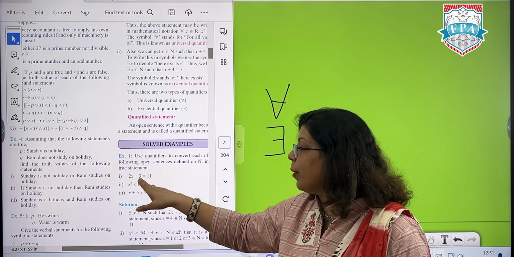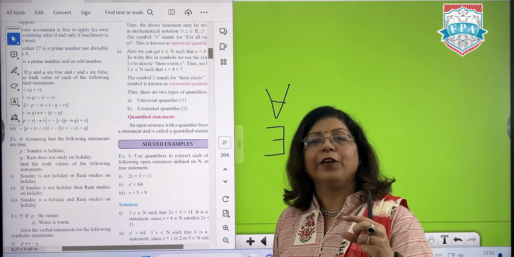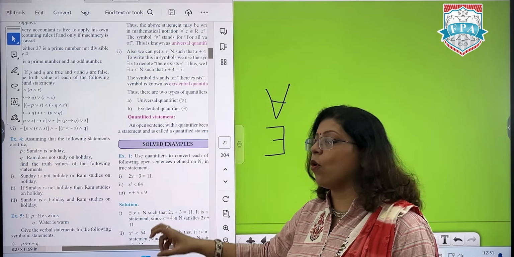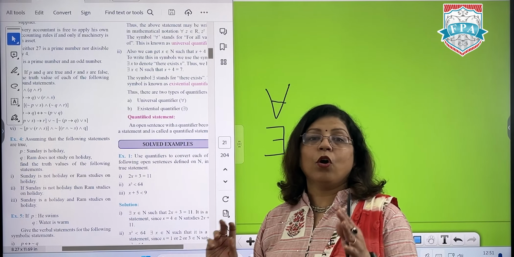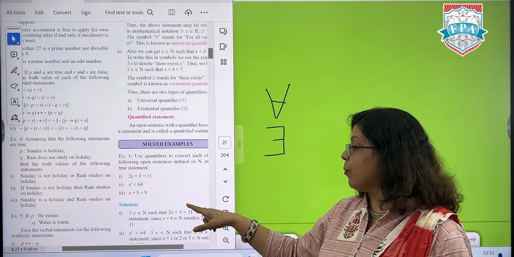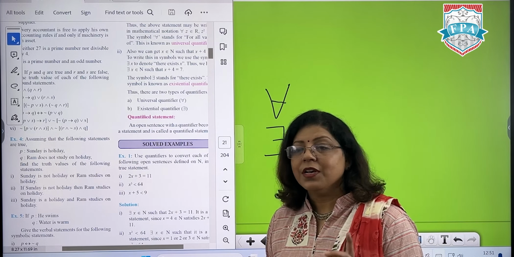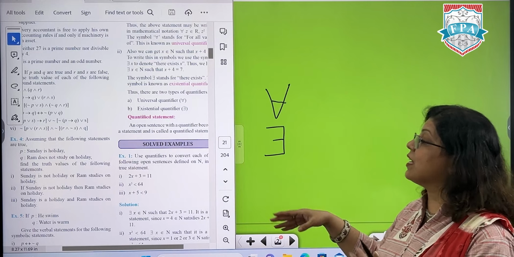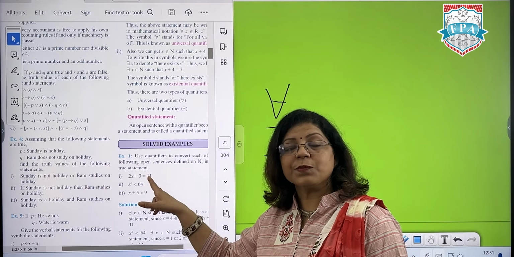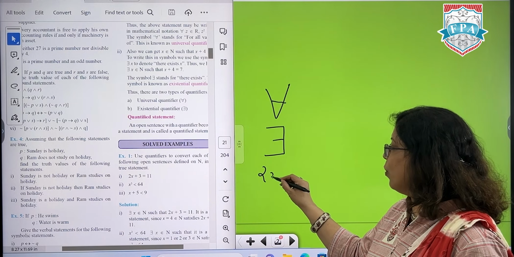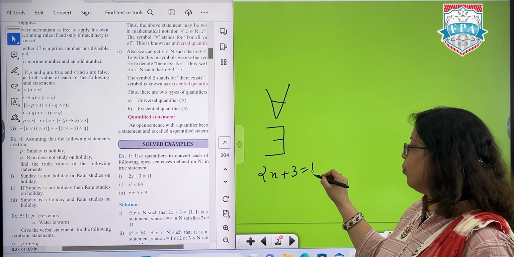If we take for all the values of natural numbers, then automatically this sentence becomes a logical statement. Similarly, if we say there exists a value such that 2x plus 3 is equal to 11, we know we can solve this statement 2x plus 3 is equal to 11.